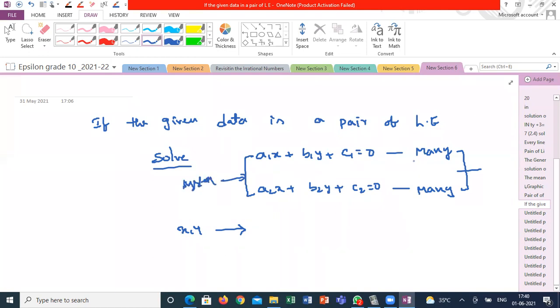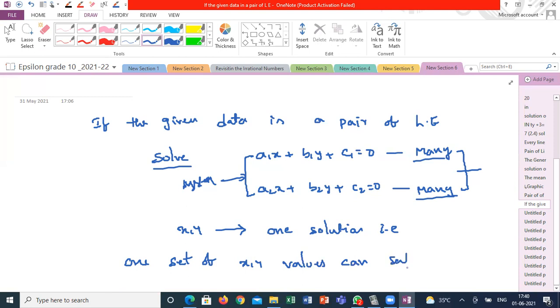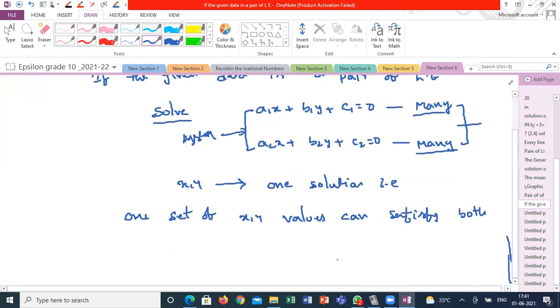Out of many solutions of the first equation and many solutions of the second equation, there will be one solution. That means one set of x comma y values can satisfy both the equations, that means satisfy the system.